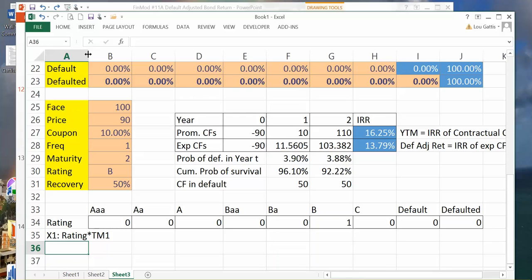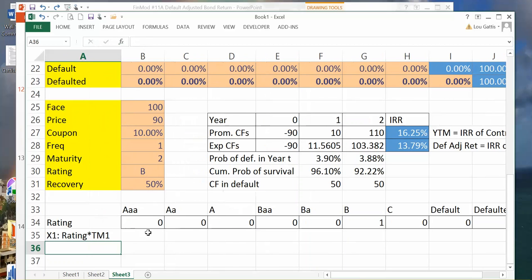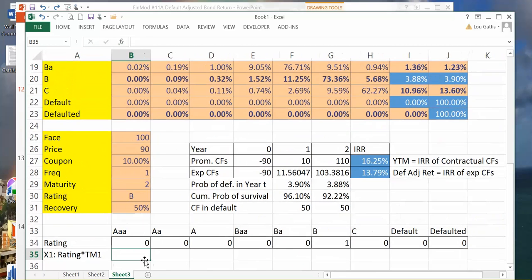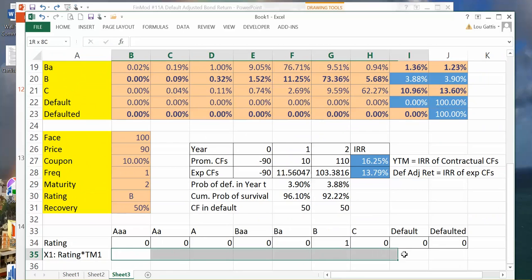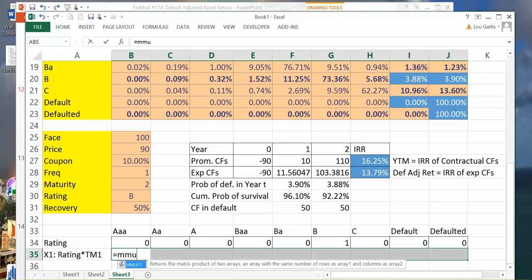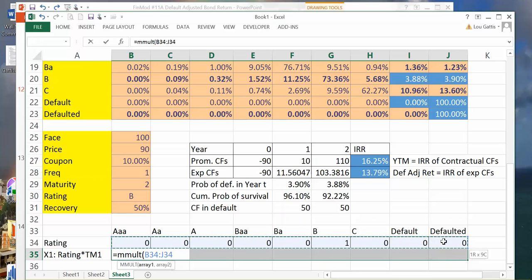All right. So if I were to come in here, highlight this whole area, equals mmult. Take my rating vector. I'm actually going to anchor that now. Comma, my 1 year transition matrix, not the 2 year one, the 1 year one.